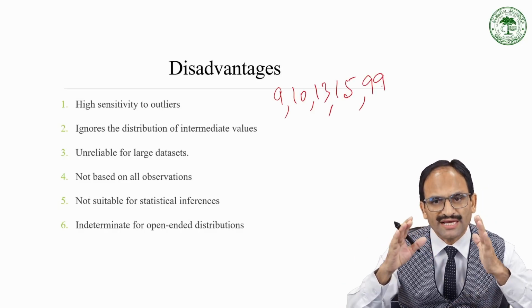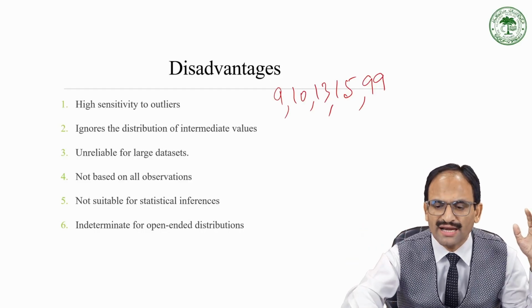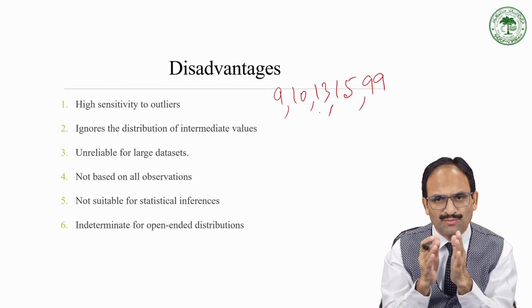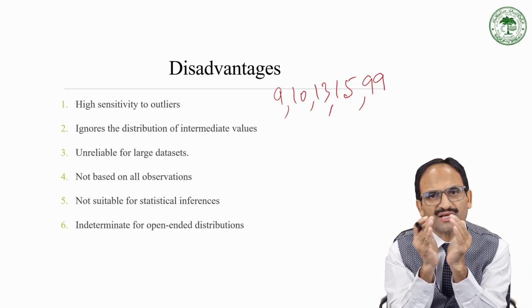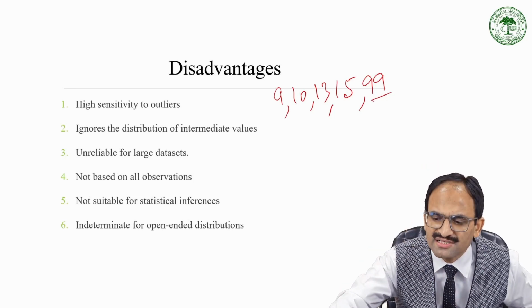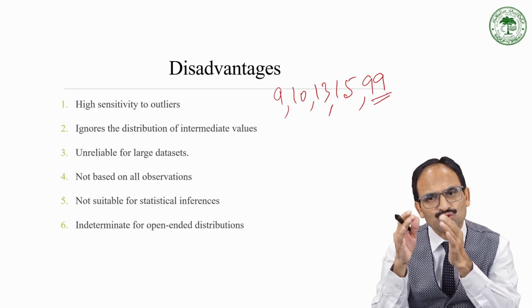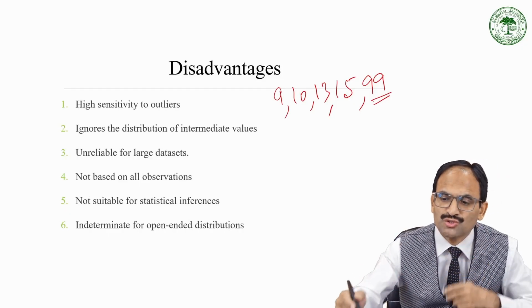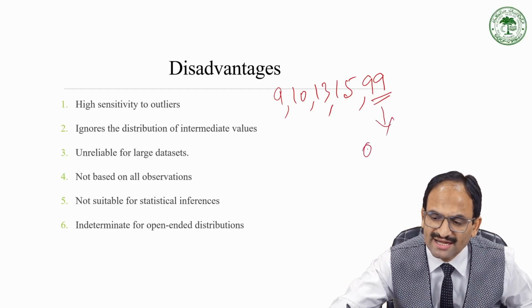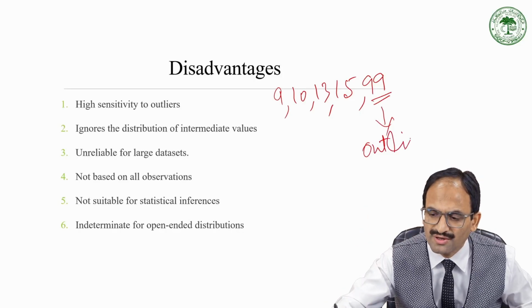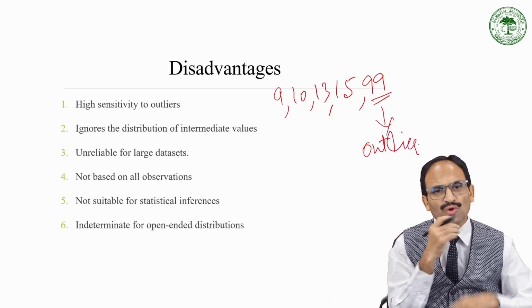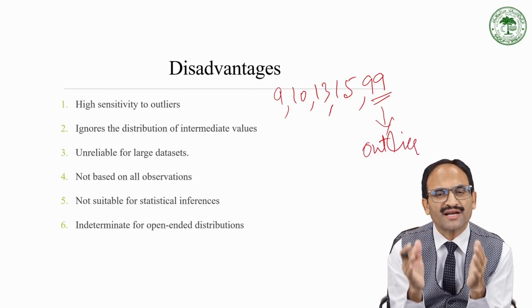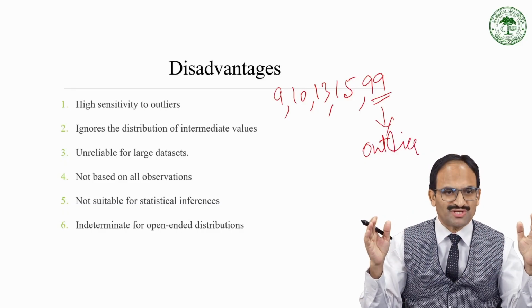Now see, in this particular data set, 9, 10, 13, 15 are almost similar values, or you can say the difference is very less. But so far as 99 is concerned, it's quite different from the previous 4 values. So you can say it is an outlier. So outliers are certain kind of extreme values.